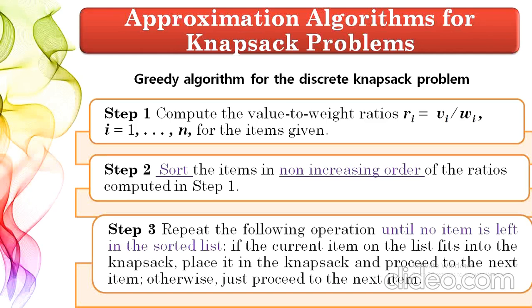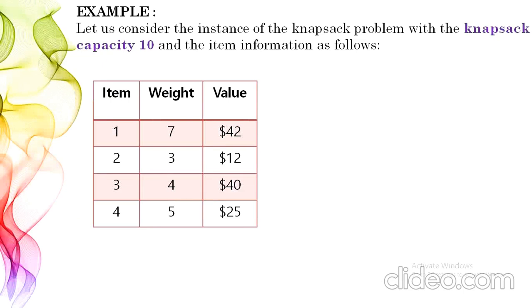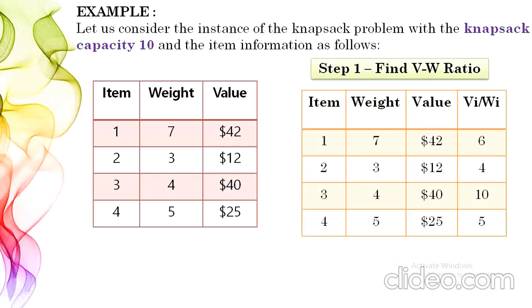I will explain with one example. Here the maximum capacity of the knapsack is 10. The total number of items is 4. Each item has a corresponding weight and value. What is our first step? We need to find the value weight ratio. This is the formula.